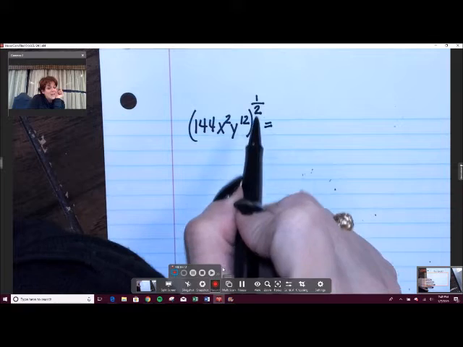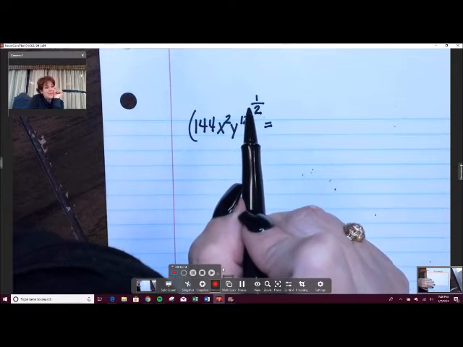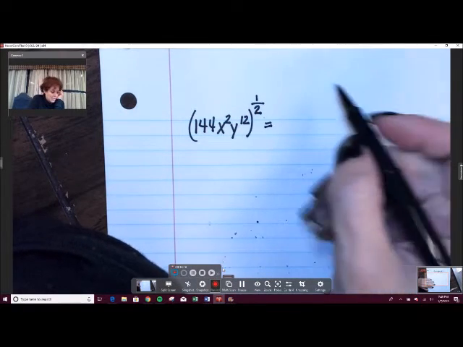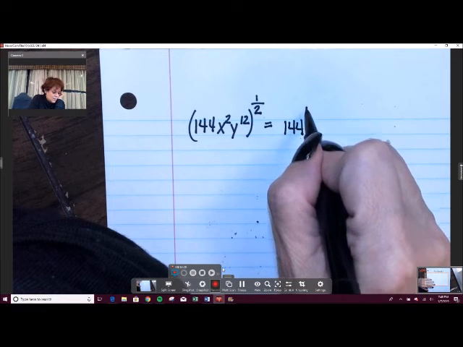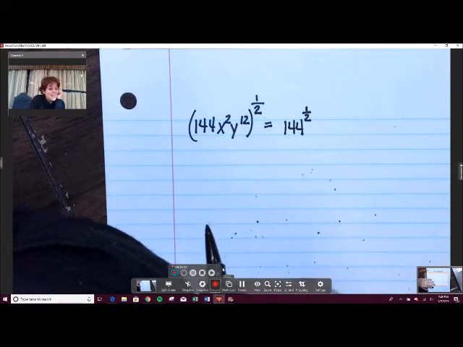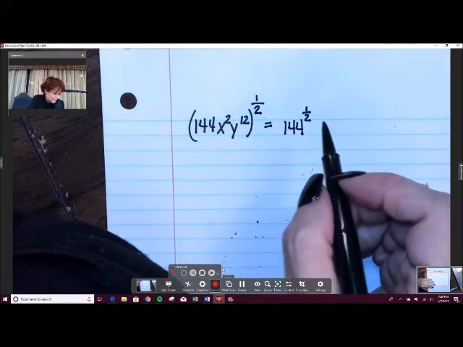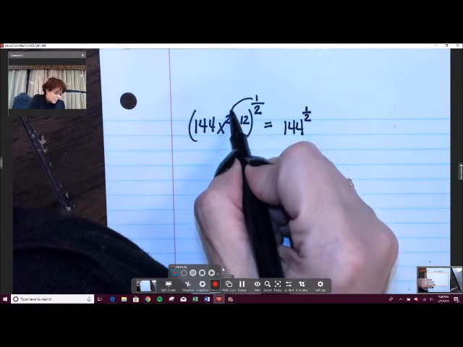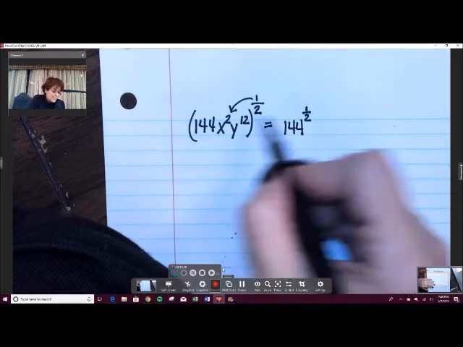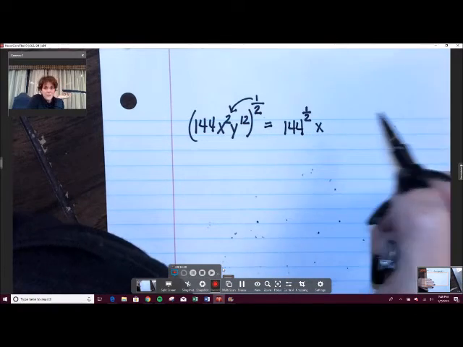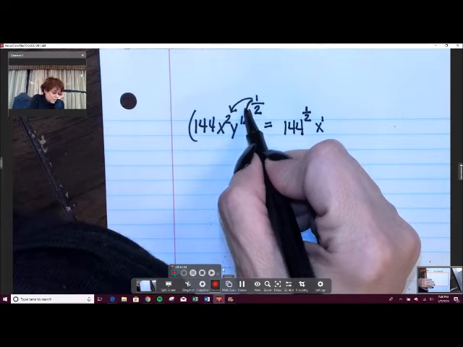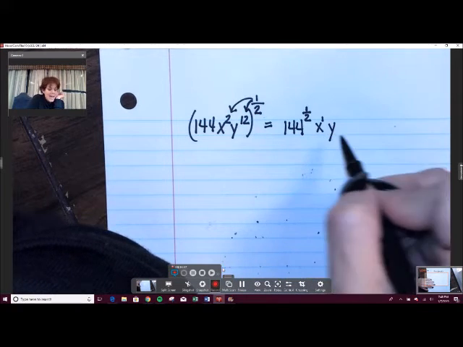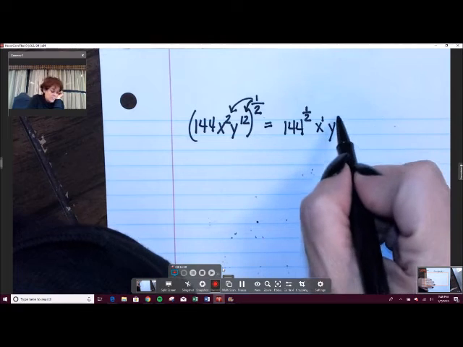I know with the fraction that means I have a radical, but sometimes I can't remember how to do those. So I'm going to say it's 144 to the 1/2 power, because I think my calculator will do that for me. Then I'm going to multiply 1/2 times 2. Well, half of 2 is 1. Then I'm going to multiply 1/2 times 12. Half of 12, well, that's 6.